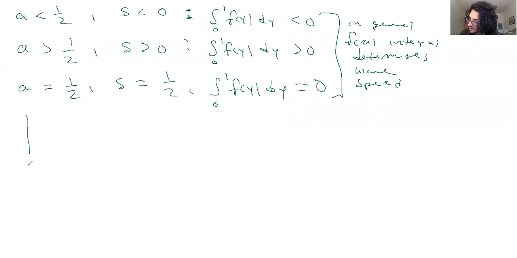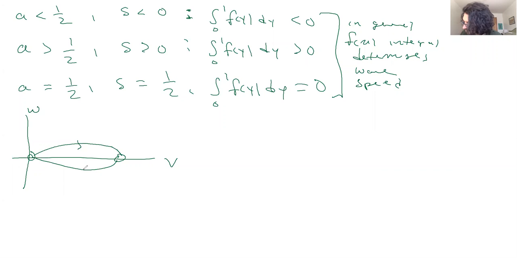And so remember, you have two parabolas here, w and v. One of them goes from here to here, and the other goes from here to here. Okay. So one of these would be the s less than 0 case, and the other would be the s greater than 0 case here, where it's propagating from left to right.